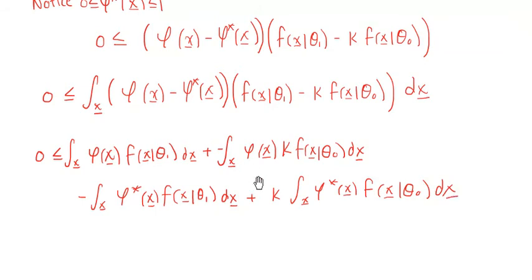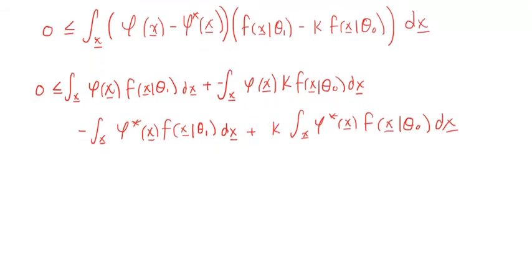Now these integrals are just another way to define our power function. So this becomes greater than 0, and this is the power function of phi given theta 1. Our second term here is going to be minus k times the power function of phi given theta naught.